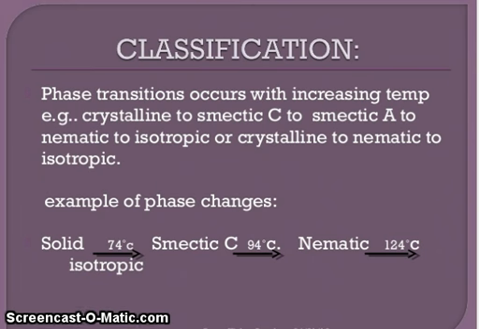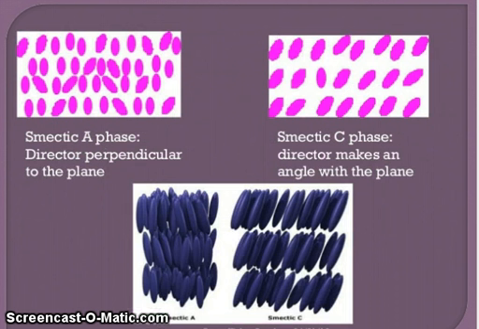Now friends, phase transitions occur with increasing temperature: crystalline to smectic C to smectic A to nematic to isotropic, or crystalline to nematic to isotropic. So friends, you can see the smectic A phase, with the director perpendicular to the plane. In the smectic C phase, the director makes an angle with the plane.